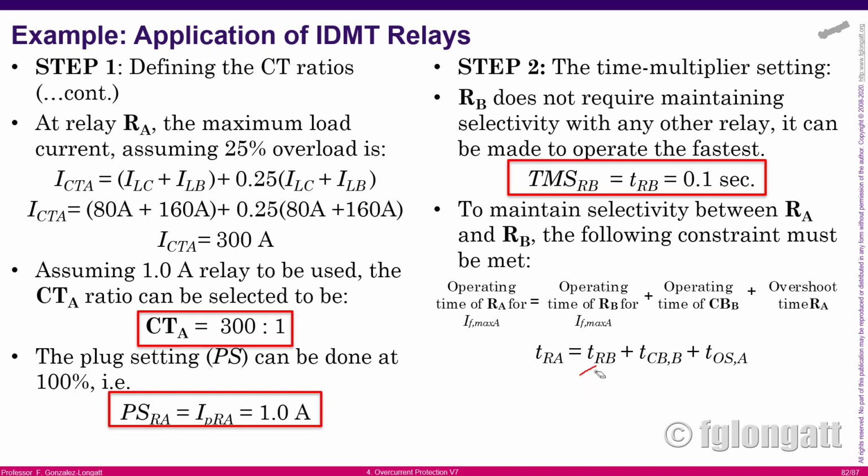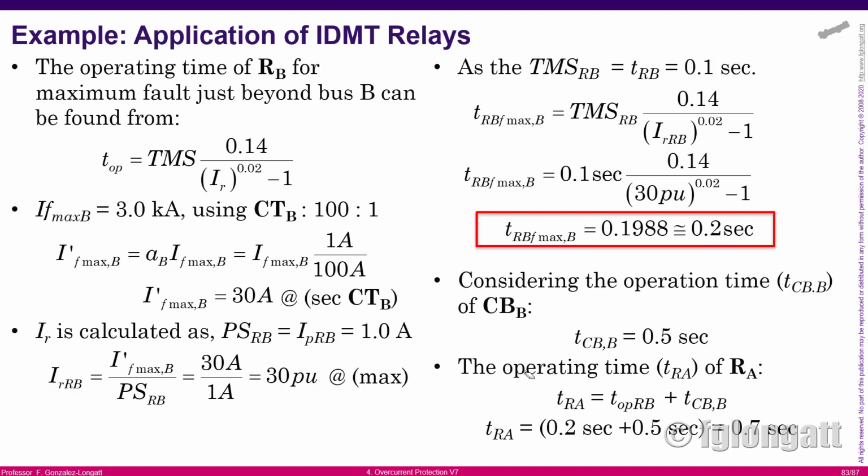And to do that, what we will do is the following. We know that we are using a relay that is defined by an IDMT curve, and in this case we are using a relay whose operating time is defined by this equation over here, okay?